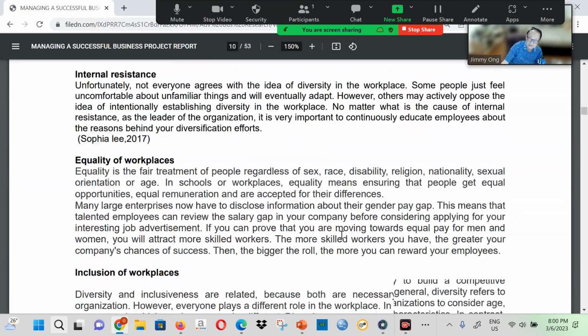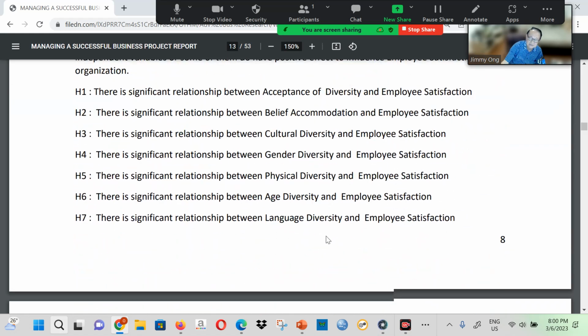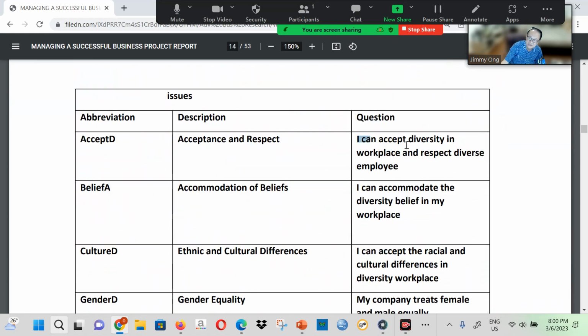Just now I showed you that sample, right? You can have the item, but do you know how to ask this question or not? Do you know how to ask this question to dig out this issue for you, to have data to put in the hypothesis to confirm this?